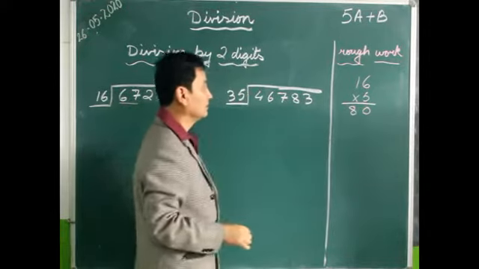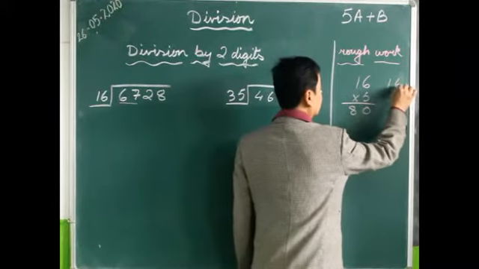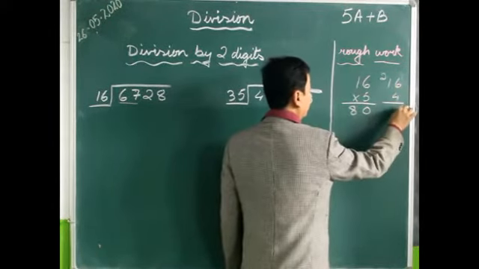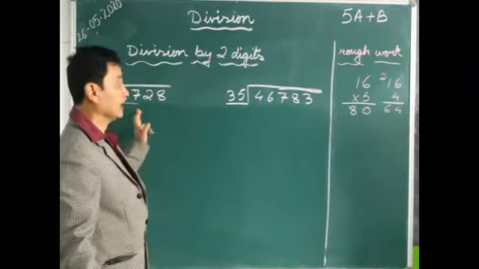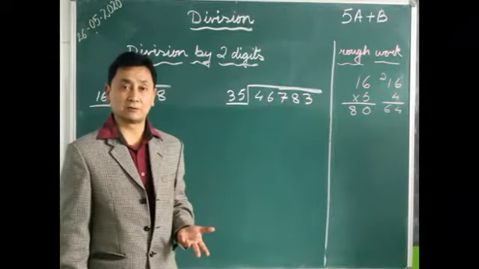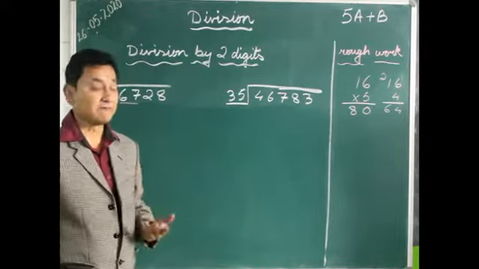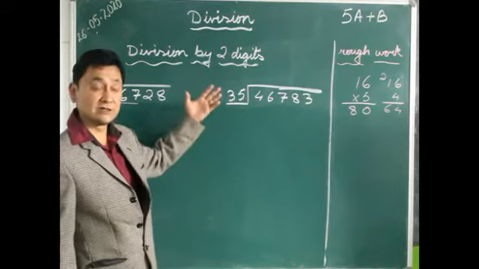That's too much, no? So let's do another one. Let's come down. 4 6s are 24, 4 1s are 4, 5 6. 64, 67. So by multiplying twice, we got our answer so quickly. See? So if you learn this simple trick, you will save time and you will do your divisions faster.